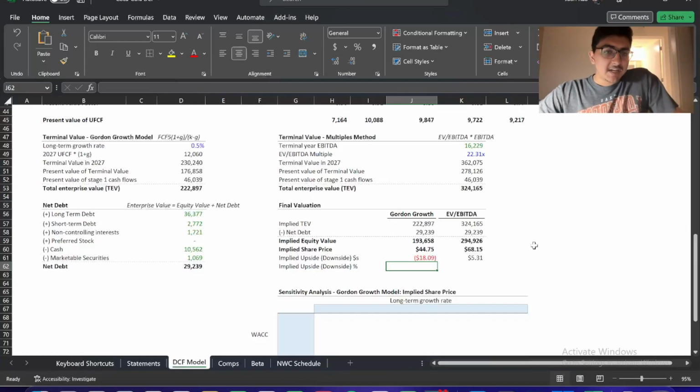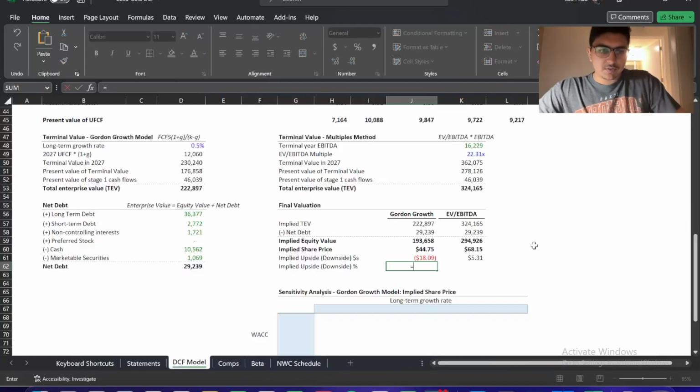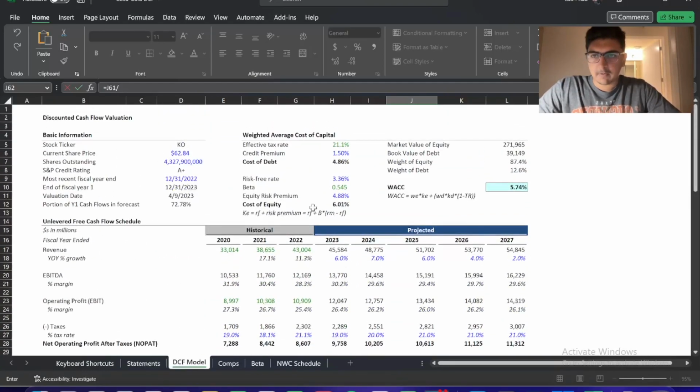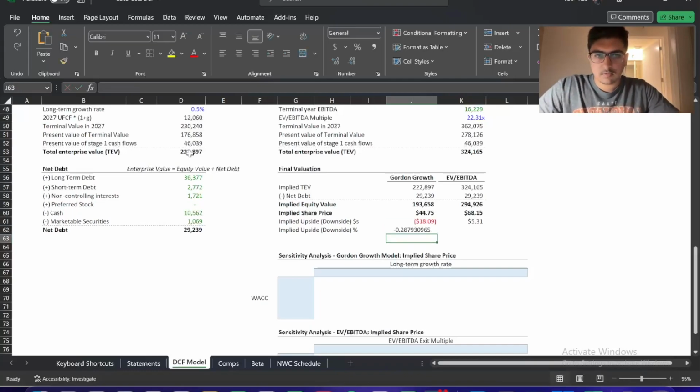And our implied upside downside percentage is equal to this number divided by the current share price. And we'll convert that into a percentage.